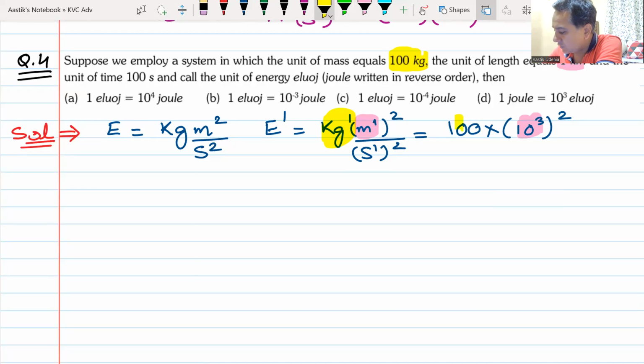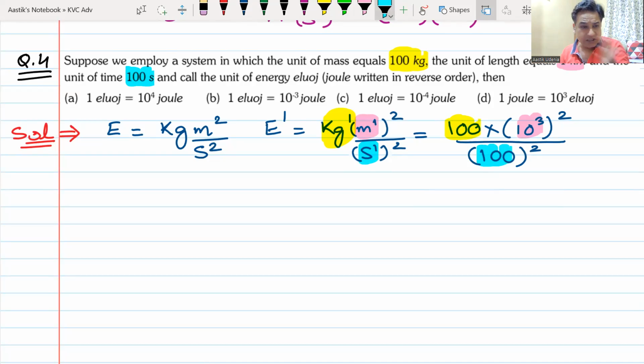This is the yellow one. Don't make a mistake. That is why I'm coloring them, highlighting them. The new second s dash is 100 times the second, my dear friend. That is in the division part. So I divide it by 100 squared, the blue one. And then I will have kg meter square per second square. That is nothing but my original E, original energy, joule.